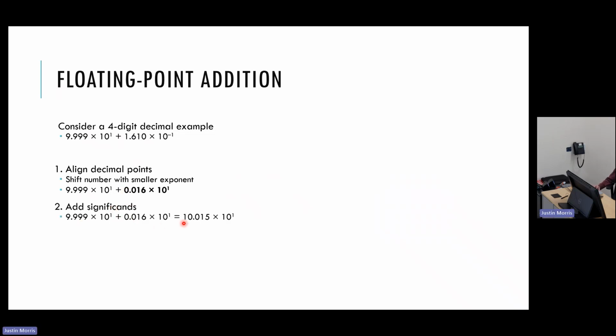We add them up, and this is our new result. The next step is to normalize it, right? To normalize this, what do I need to increase the exponent by? Just by 1. So it's now 10 to the 2, and I can move the decimal point so that it's 1.0015 times 10 to the 2.